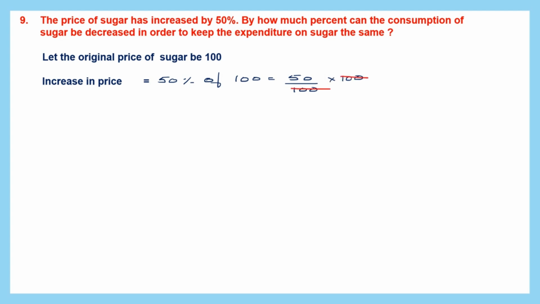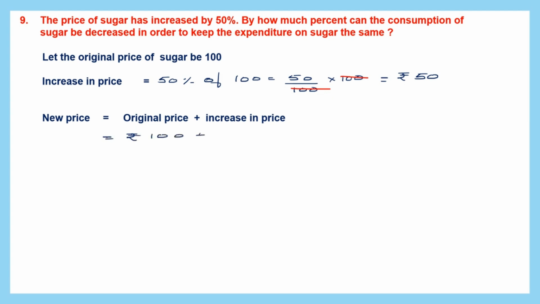So what do we have? We have 50. That means it has increased by 50 rupees. Then the new price will be the original price, which is 100 rupees, plus the increase in price. So the original price is 100 plus the increase in price is 50. Together it adds up to 150 rupees. So this is the new price of sugar.